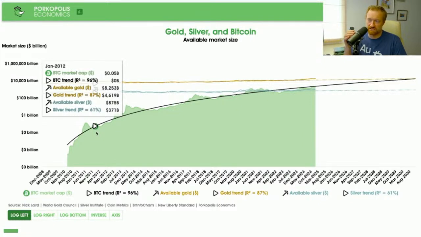It translates into a 16% loss of coins on an annual basis. All right, 16% loss of new issuance on an annual basis. That's what it means in exponential terms. It's a 16% loss of coins when you went from 50 to 25 to 12.5.